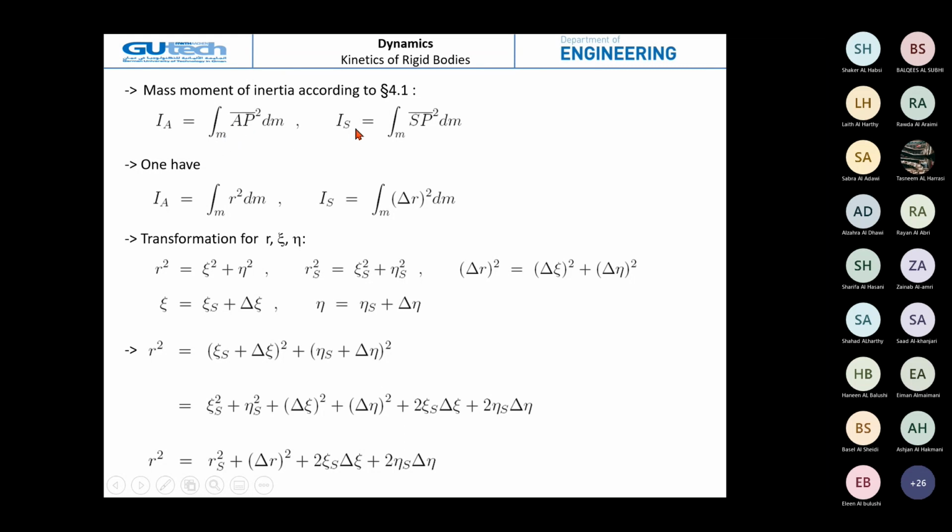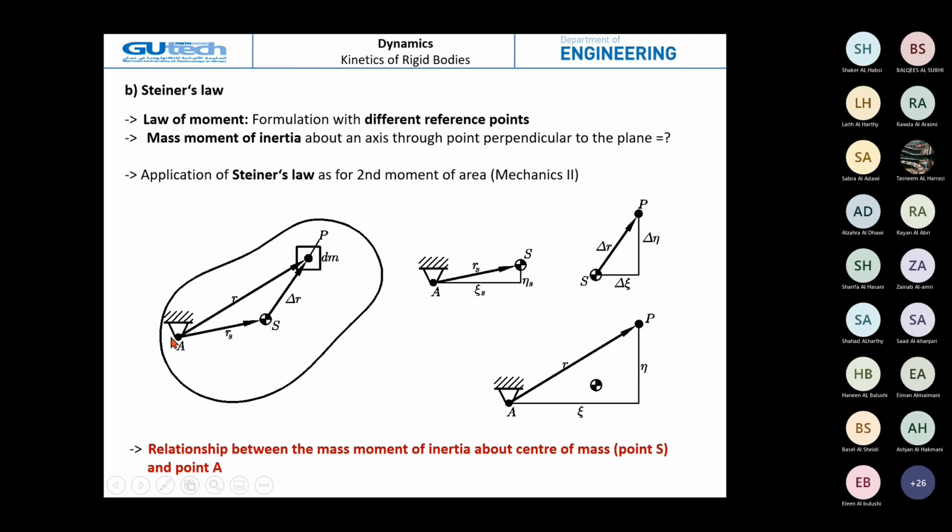We have seen for different geometries at the center of mass that we had IS, which is the distance between S, the center of mass, and the point P, squared, dm. That means we have here IA is only R squared dm, and for S we have delta R squared dm.